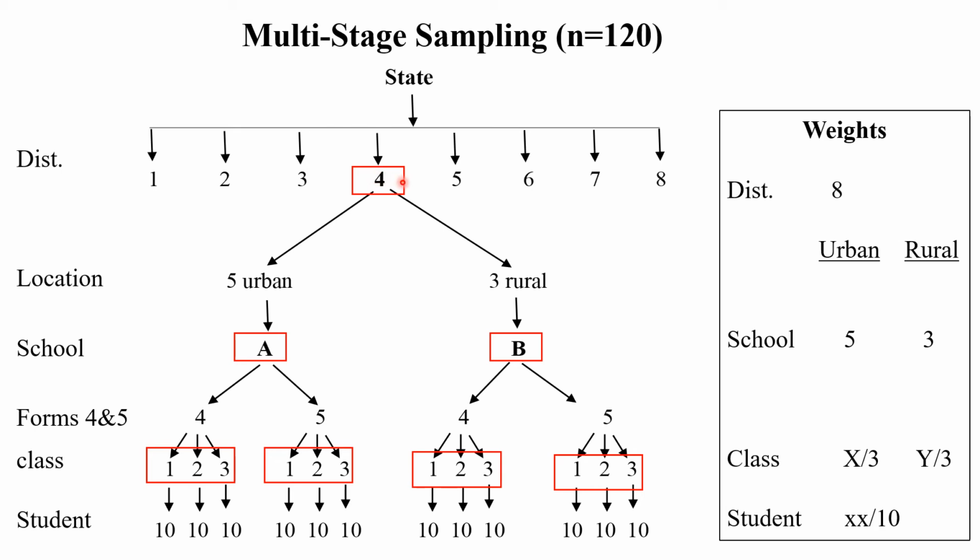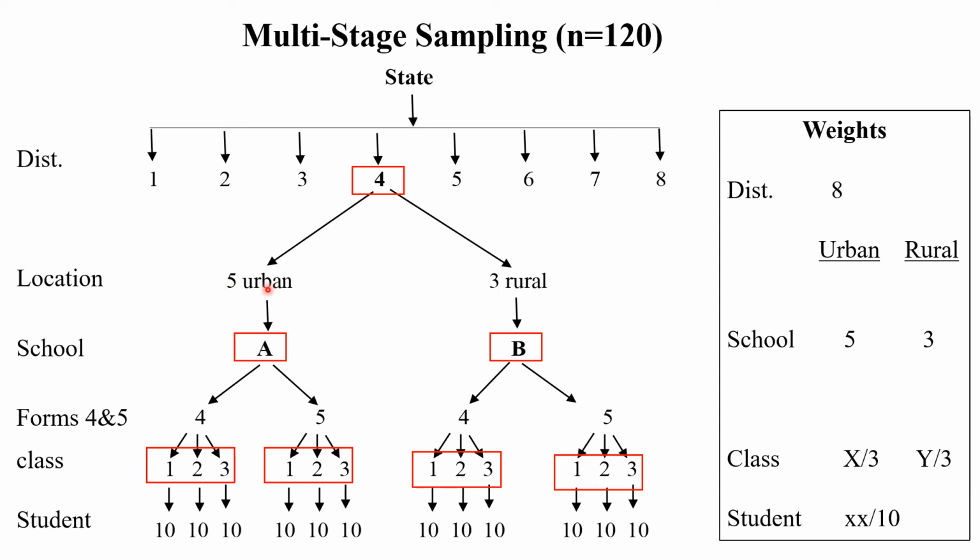District number 4 also has urban and rural schools. We don't want to lose out, so I can't simply go to urban schools only. So study the schools in that particular district. Say there are 5 urban and 3 rural schools, 8 schools in that district.